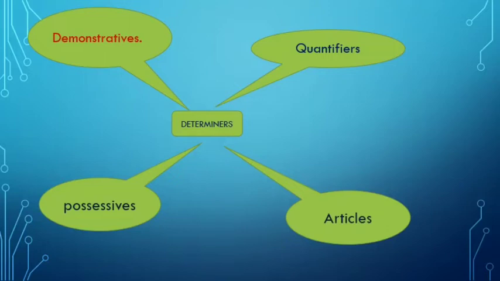Examples are words like some, few, little, much, more, any. I repeat, some, few, little, much, more, any are the words of quantifier determiners.